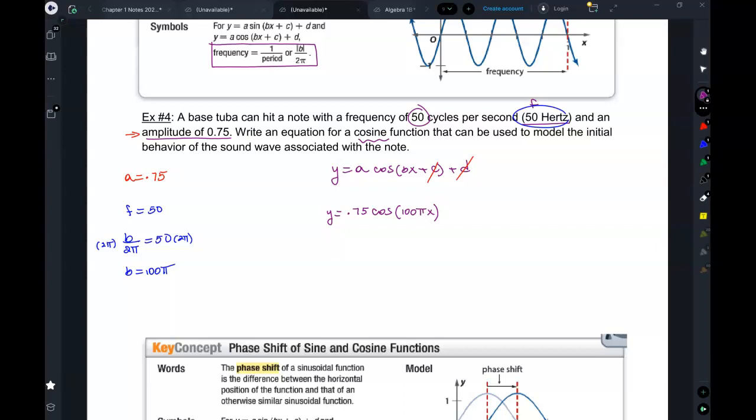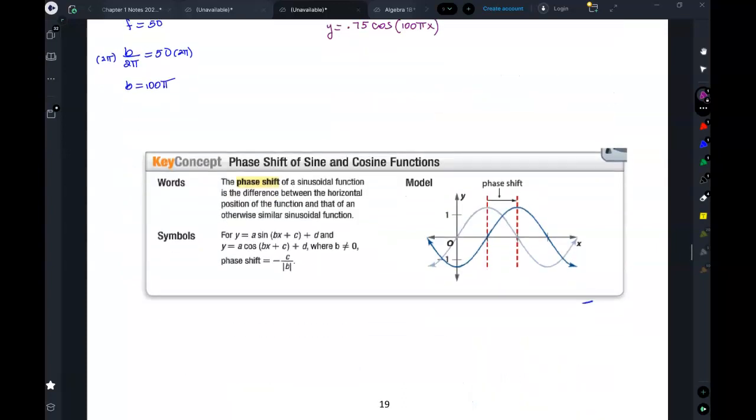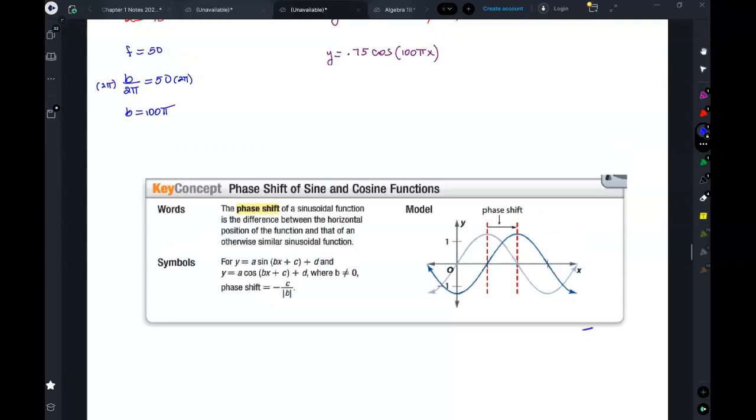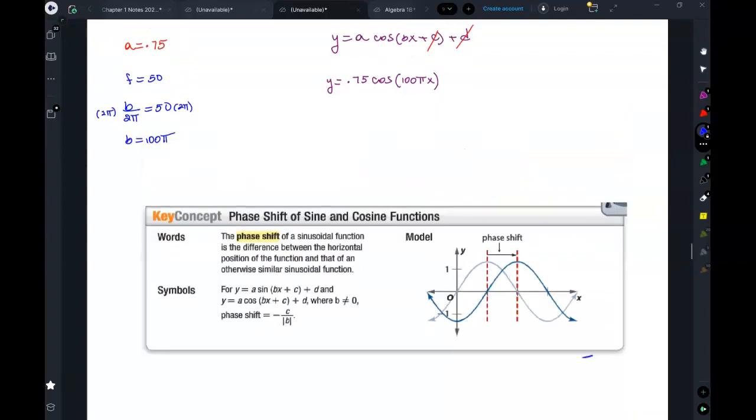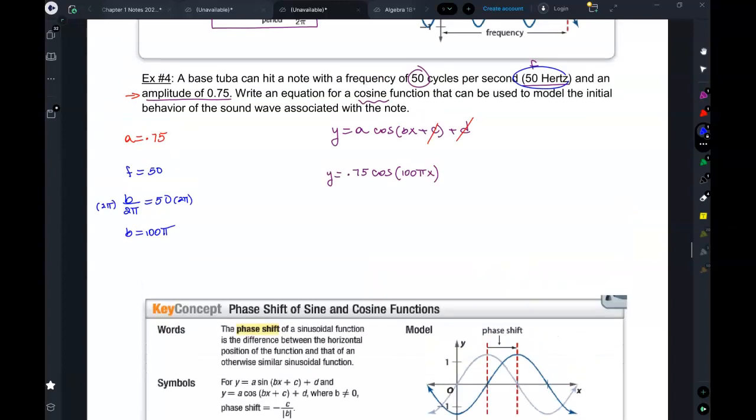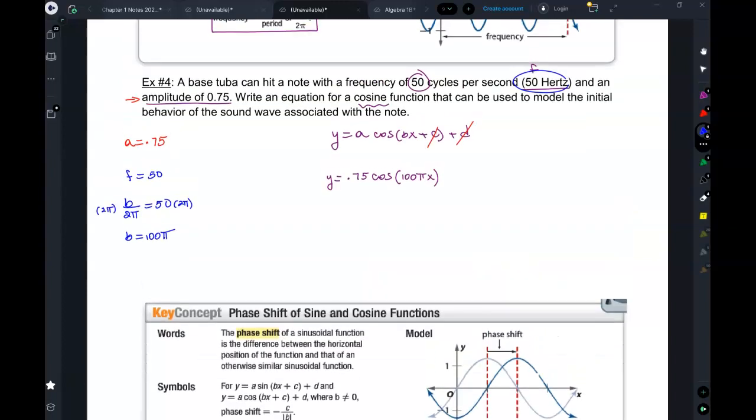Okay, now phase shift. Any questions? So is frequency the same as the period? Frequency is the reciprocal. Period is 2 pi over b. Frequency is b over 2 pi. We use the frequency to figure out b because both frequency and period are related to b.